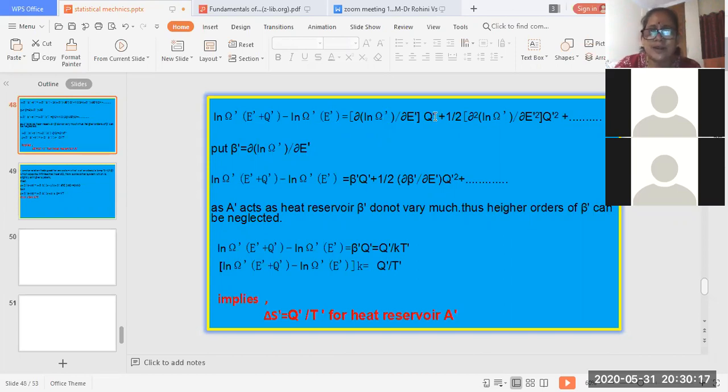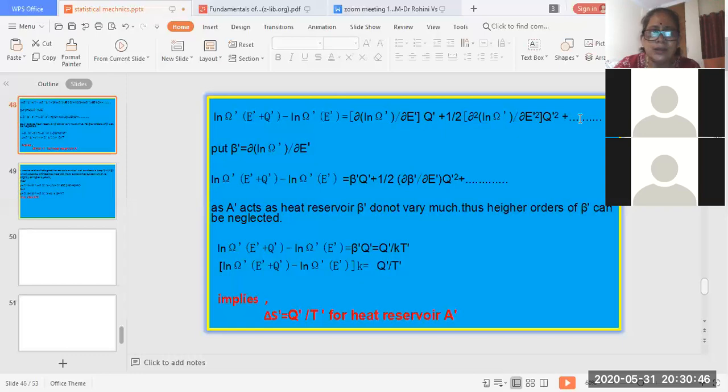Then the second factor of the Taylor series is half of this thing squared. You see dou square coming here, dou E dash square. Everything remains the same, but you go on increasing the power, so Q dash has changed to Q dash square, and so on it continues.